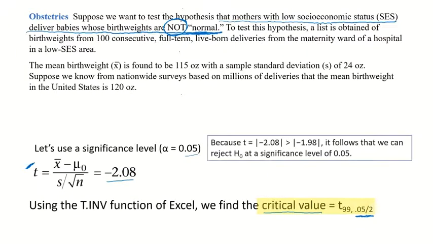The result will be this, our critical value in Excel. So if we draw a t distribution, here are our rejection regions.